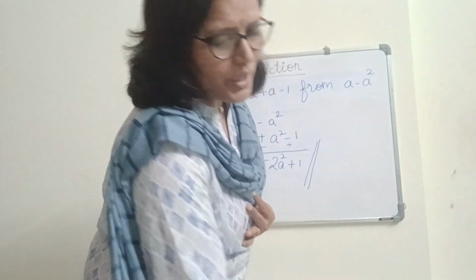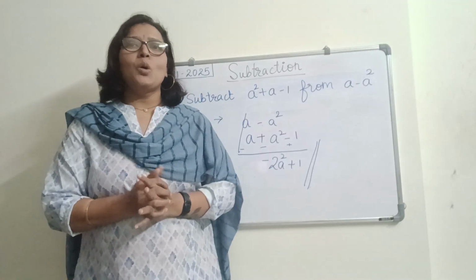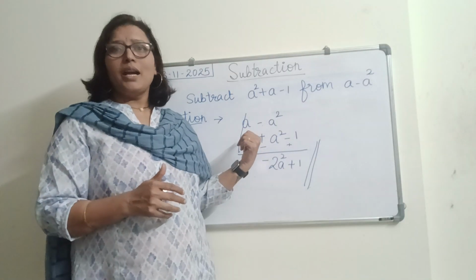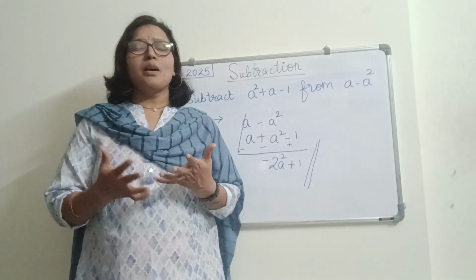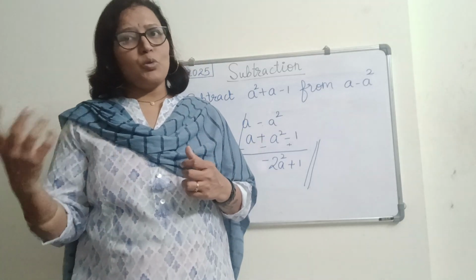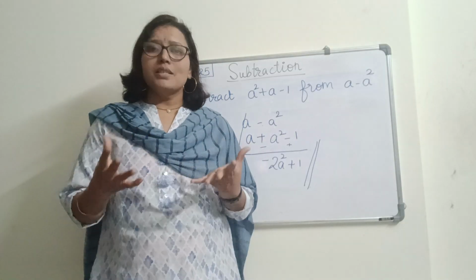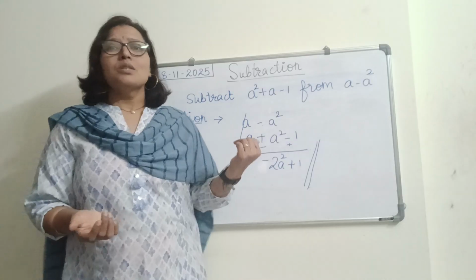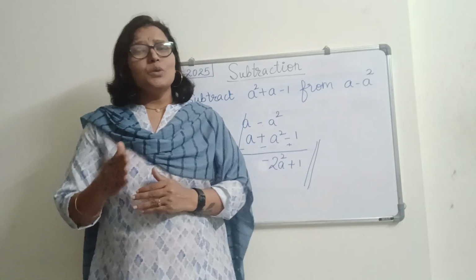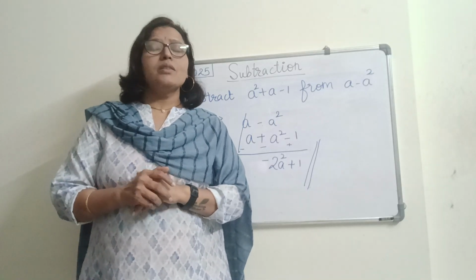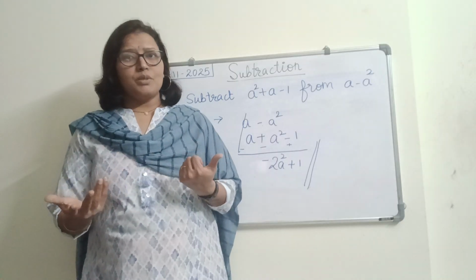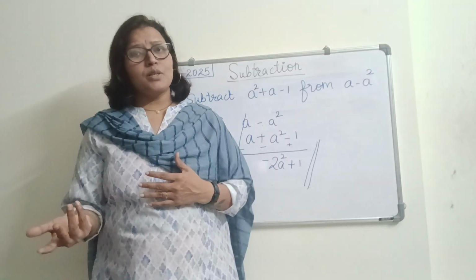So in today's class we learned what an additive inverse is, because here also we got the additive inverse. Additive inverse means numbers with the opposite sign. When we take two numbers and their opposite numbers, the result we get is 0. Such numbers are called additive inverses. So using this additive inverse we did the subtraction with like terms and also with unlike terms, because sometimes unlike terms are also present.